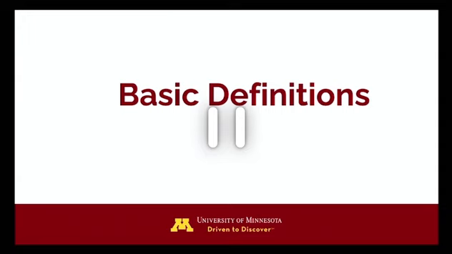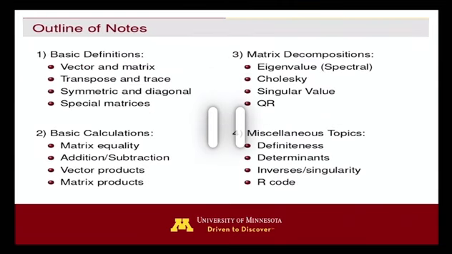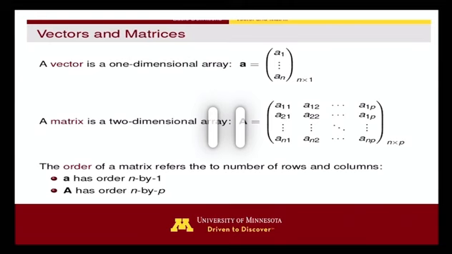In the basic definitions, we're going to talk about a vector. When you take a look at what I'm showcasing right now, that's a vector. You can see a one-dimensional array, A1 up to An.